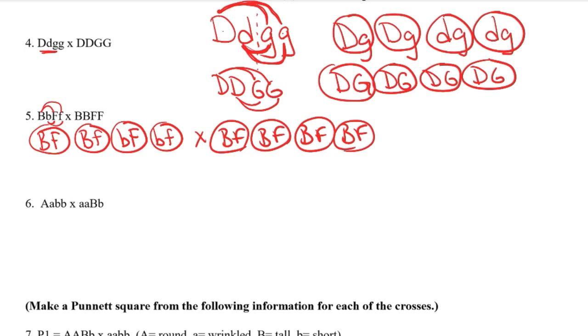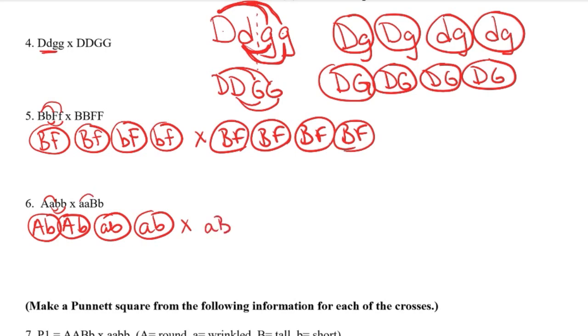Okay, and then one more before we do a Punnett square. So now we've got big A, little b, big A, little b, little a, little b, little a, little b, and then next, little a, big B, ignore that rule, little a, little b, and then for the last set.